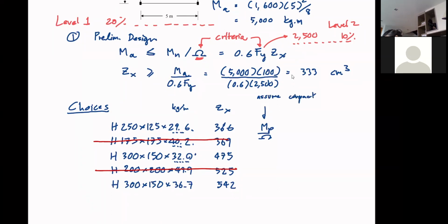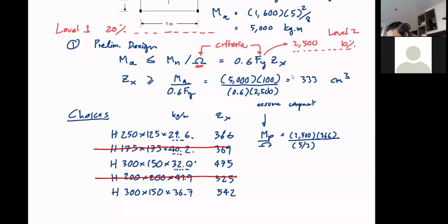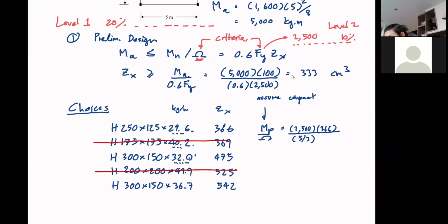So MP here, I don't know if I have enough space to write, but let's say that's going to be 2500, and then multiply by 366, divided by 5/3. And we have a moment in kilogram meter.